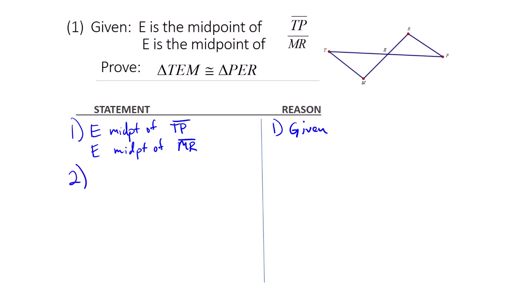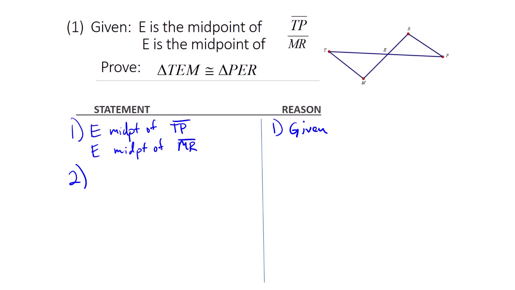All right, so now, when we're given something, let's try to figure out what we can use it for. So when we talk about a midpoint, we're basically saying it's in the middle of, or it cuts the segment into two congruent parts, right? Two equal parts. And so E is the midpoint of TP.